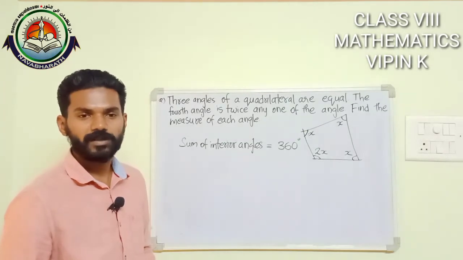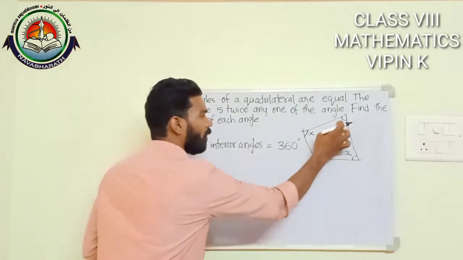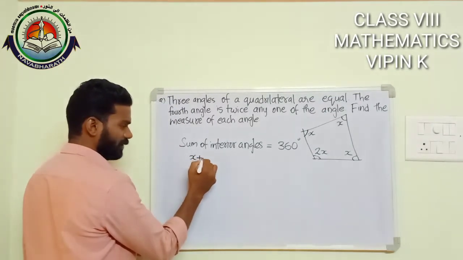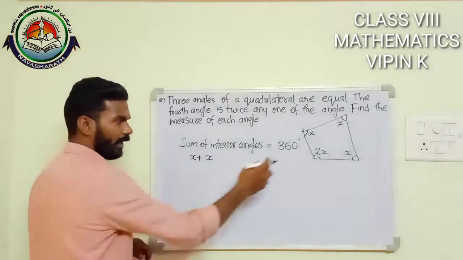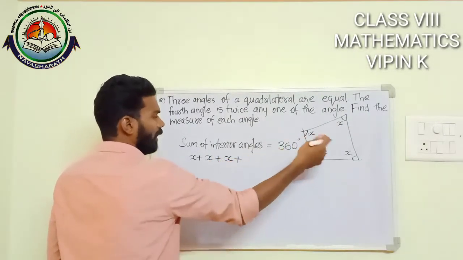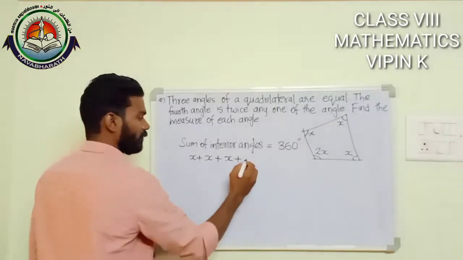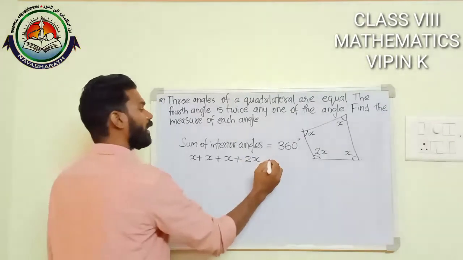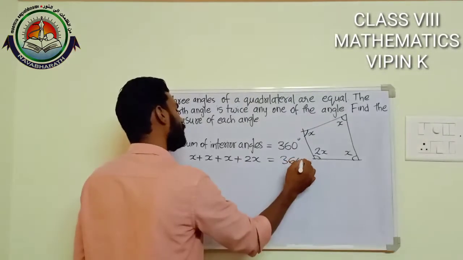Okay. So let's sum up all the interior angles. The first angle is x plus the next also x plus the third one also x and the fourth one which is twice, which is 2x. If we are summing up all these four angles, the answer would be 360.